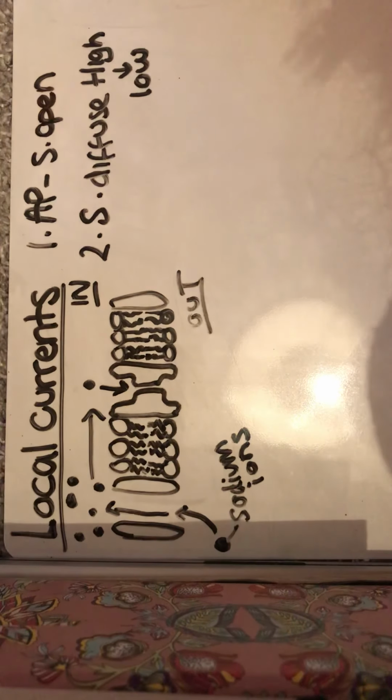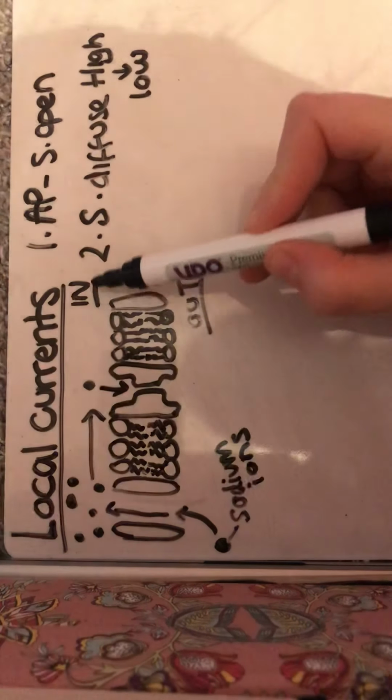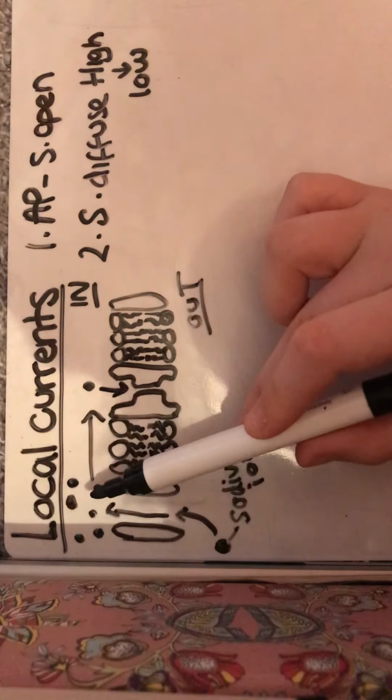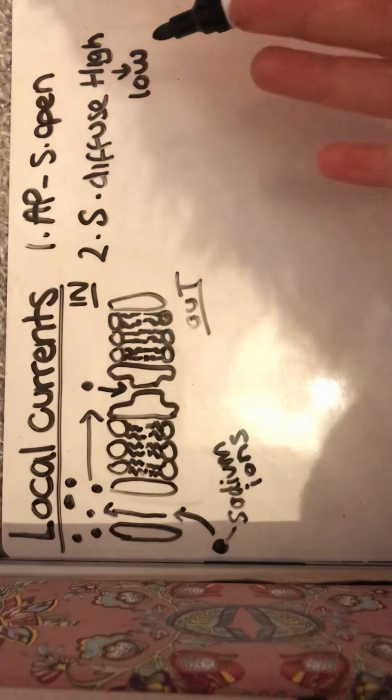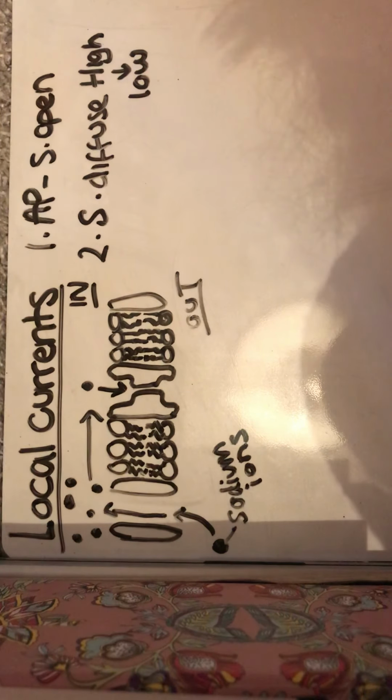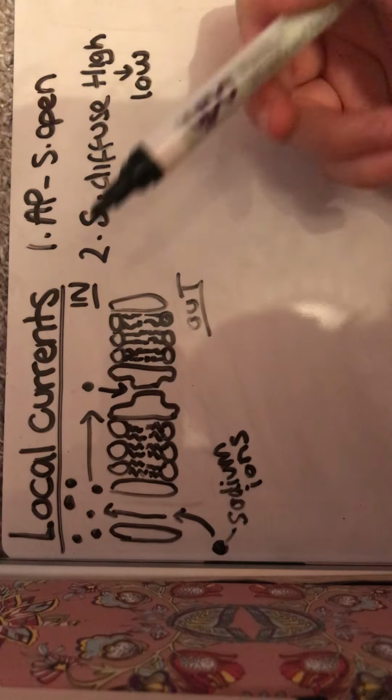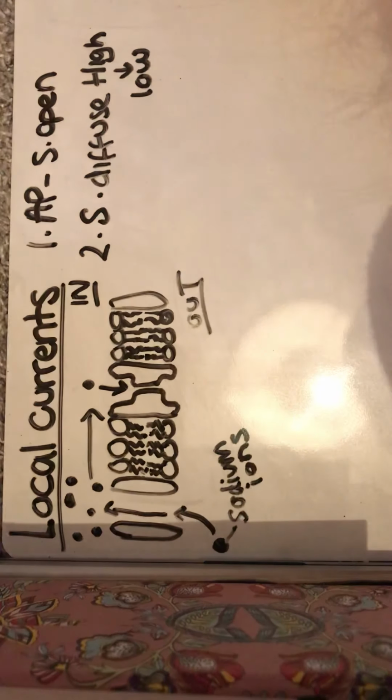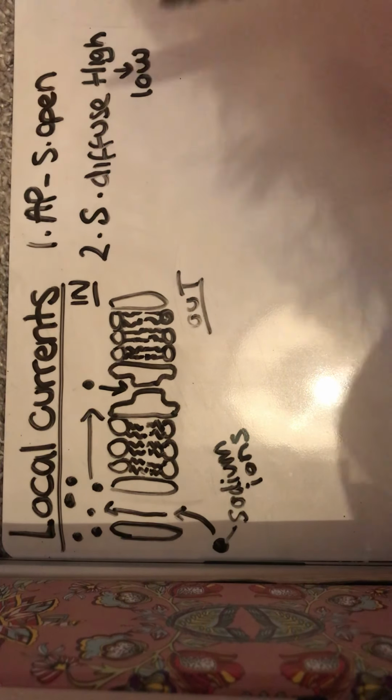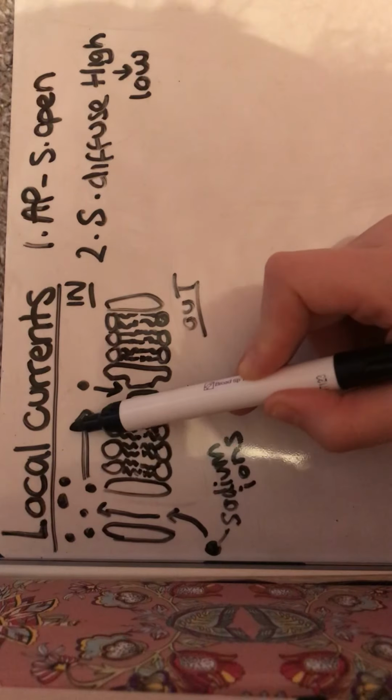So then the concentration of sodium ions inside the cell is going to increase to the point where the sodium ion channels here are going to open. So they continue to diffuse sideways, which is what I've illustrated by this arrow here.